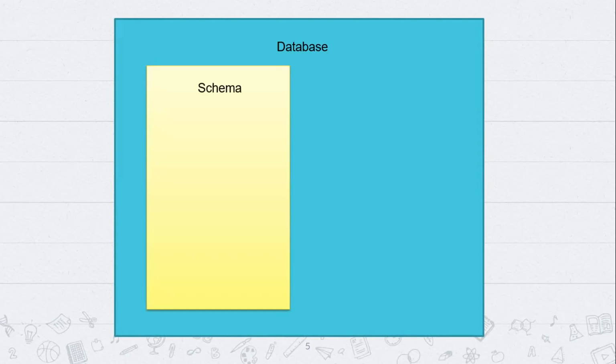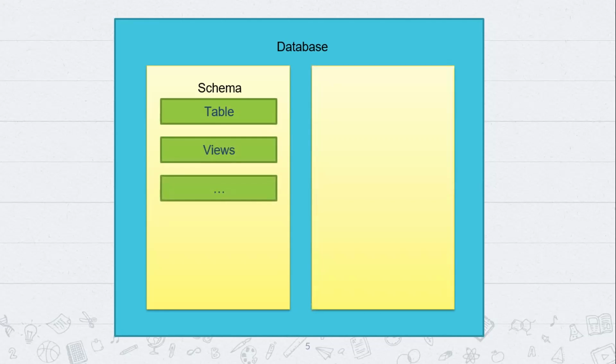So that is the schema. Inside this cupboard, there are a lot of files available. Those are tables, views. Likewise, there can be more.